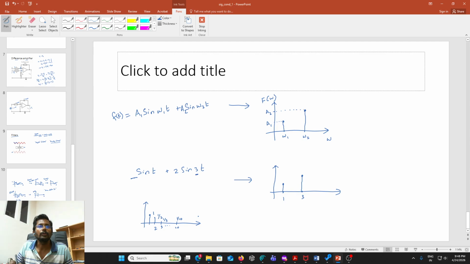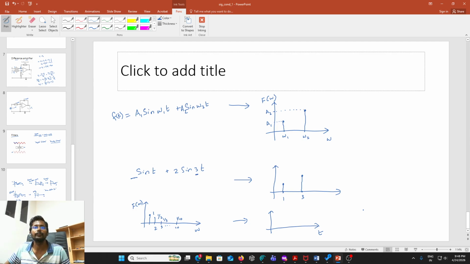Now that's given in the frequency domain, F of omega. What is the corresponding signal in the time domain? If I plot it with respect to time, how does it look? So try that, and also try different such frequency domain values, and get familiar with the transfer between time domain and frequency domain.